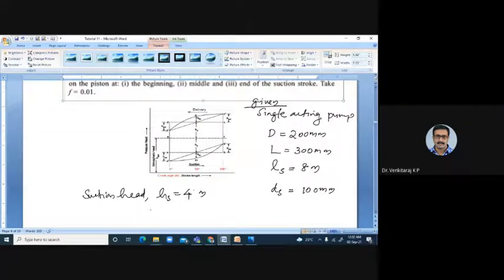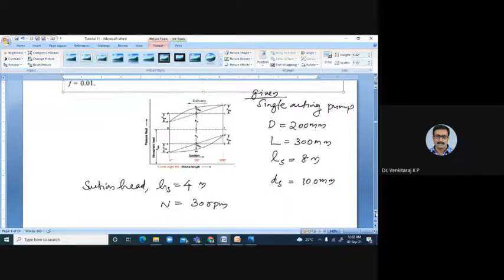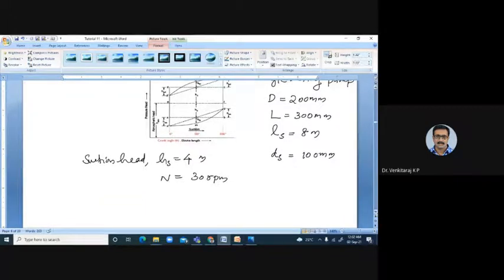Then the pump speed N is 30 RPM. And one more, the friction coefficient value F is given as 0.01. So these are the given data.